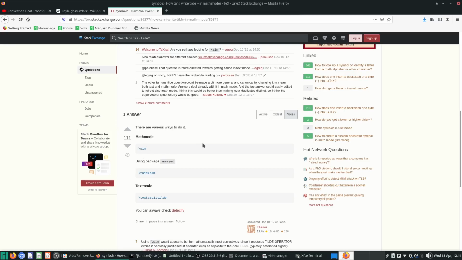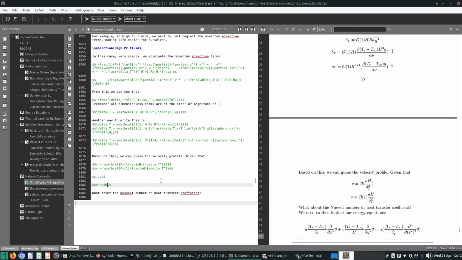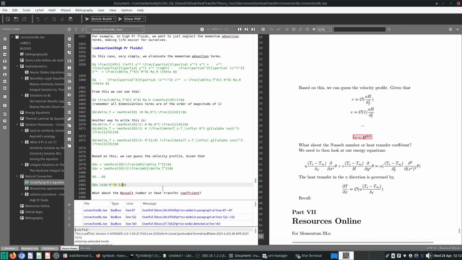In math mode, I think Stack Exchange says sim. So v will be tilde, that tilde symbol. It will go as, if I'm not wrong, h to the power of 0.5. Of course, there are lots of other terms which I didn't bother writing there. This is a very nice tilde. So the velocity will scale as h to the 0.5 power.